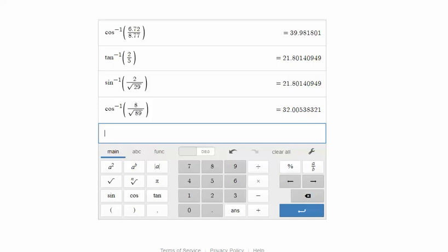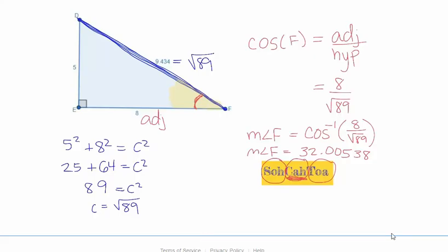So let's see, I'm going to write this down. About 32.00538. So now let me go back to my iPad so you can see what I just wrote down. And this is in degrees. So we're getting that to be the value of our angle F.